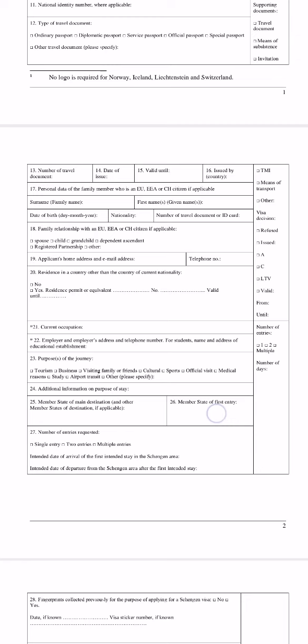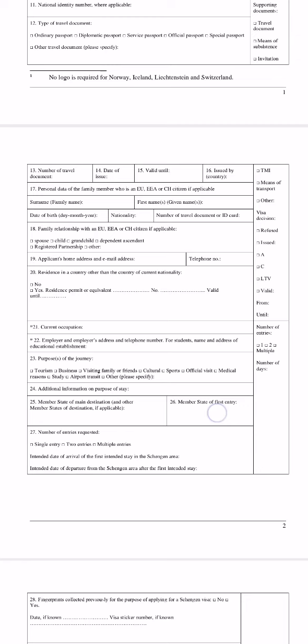Let's say you don't have a passport, but you have other documents that you are using. So you have to specify it. Then question 15 says the validity, which is when it is going to expire. Then question 16 asks which country issued it.